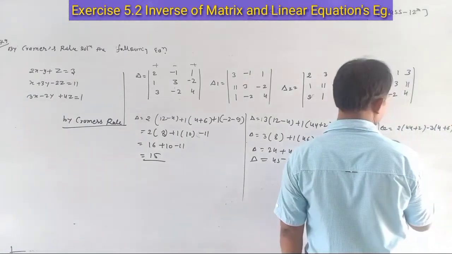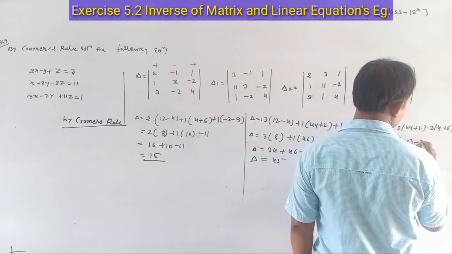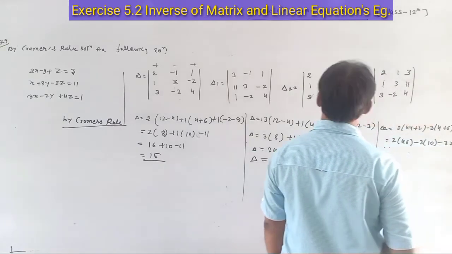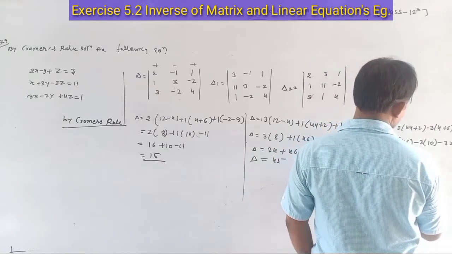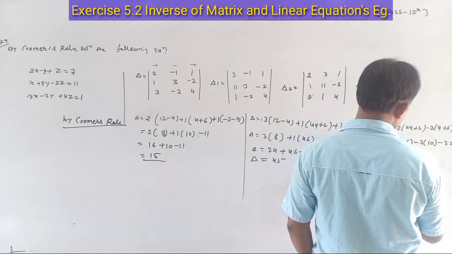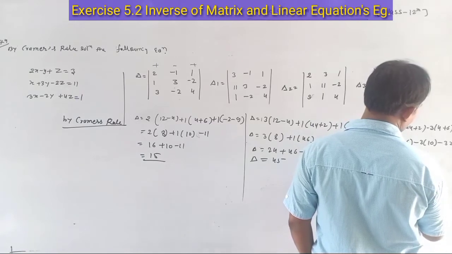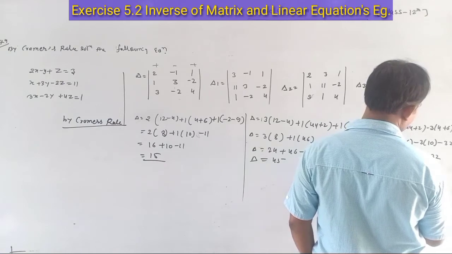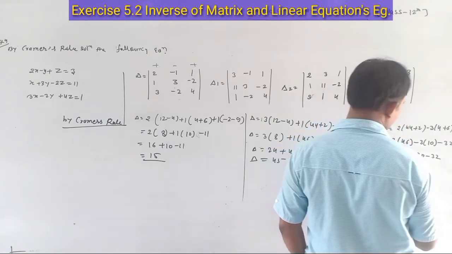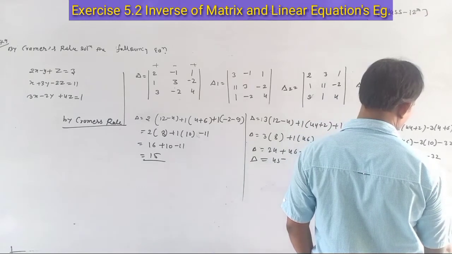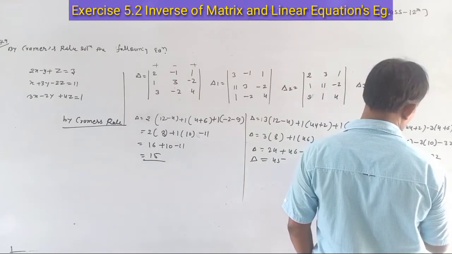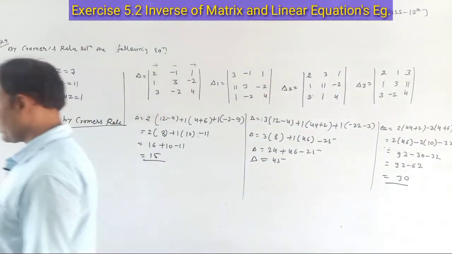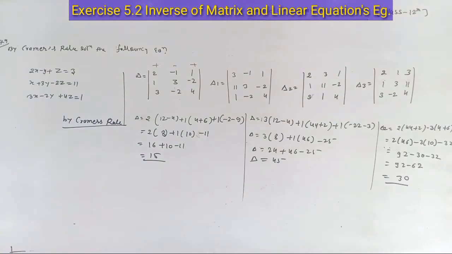So it is 92 minus 30 minus 32, so we can say that 92 minus 62 is 30. So delta 2 is 30. Now we have the values 45 and 30.